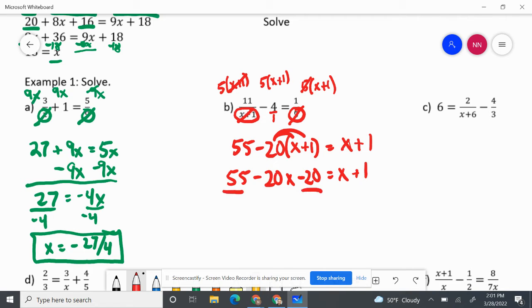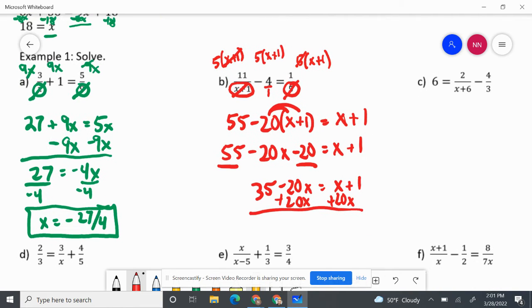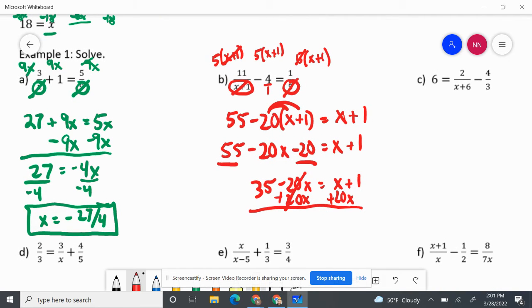We're going to combine the like terms. 55 minus 20 is 35 minus 20x equals x plus 1. We add the 20x. And that right there gives us 35 equals 21x plus 1.